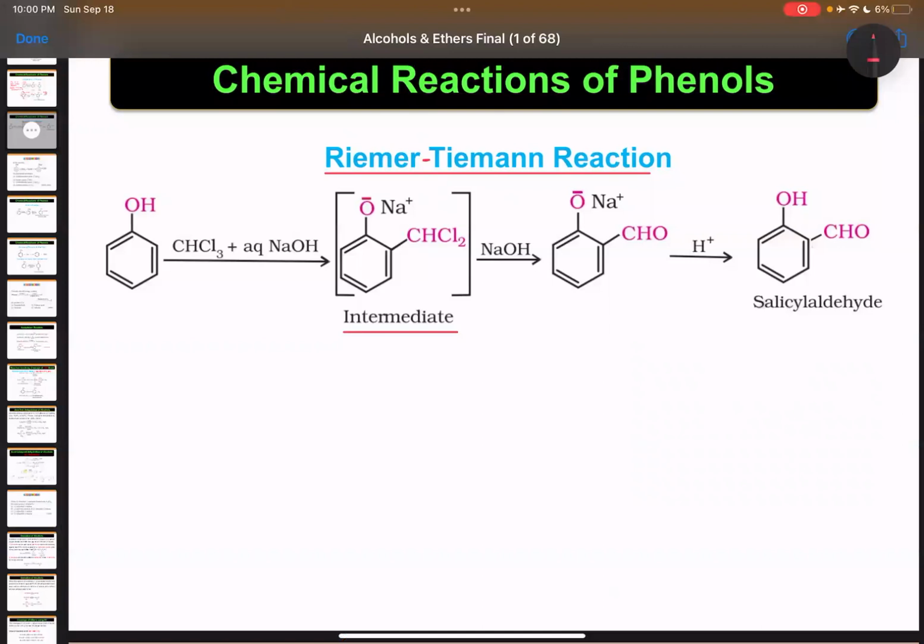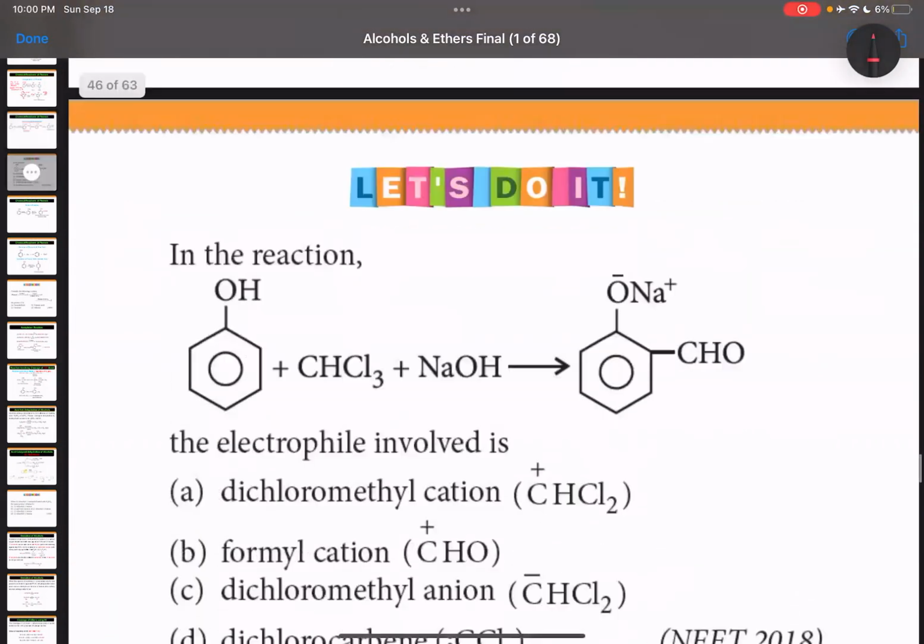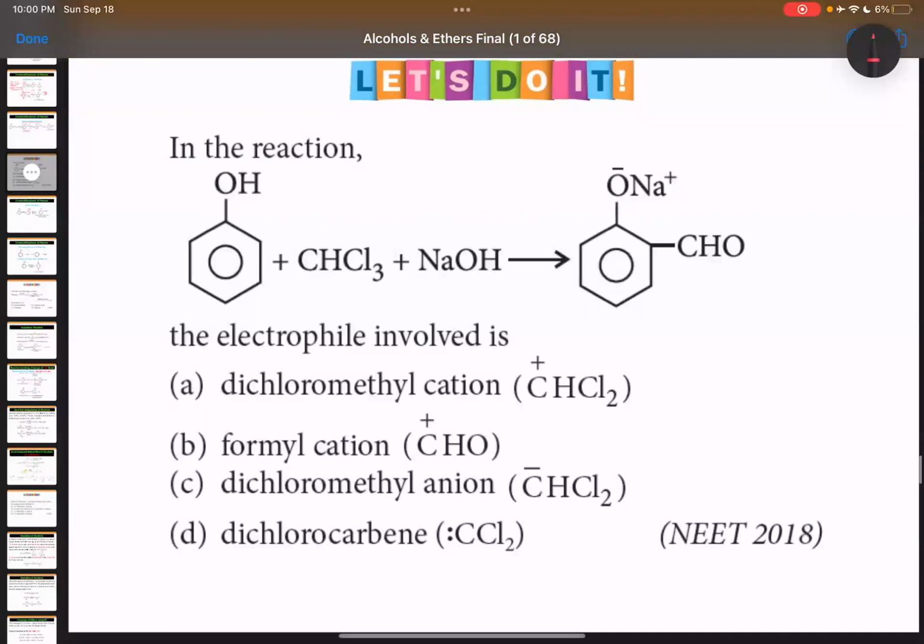Okay. So is the mechanism clear, or do I need to discuss it? Samaira and Hanifa, tell me quickly. Okay, we can discuss some questions. This is the latest question, not very old, a 2018 question.